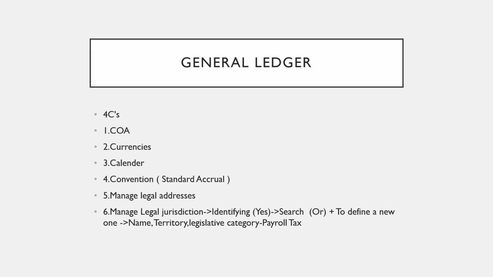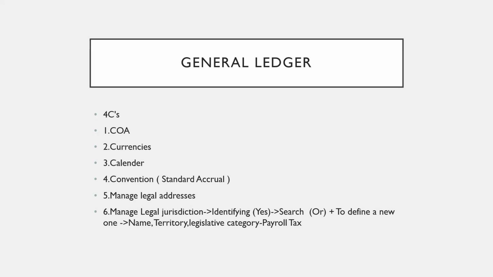So in this case, there is a difference of 2,000. The difference of 2,000 you will not be booking in subledgers, accounts payable or accounts receivable. You will directly book it in your general ledger.